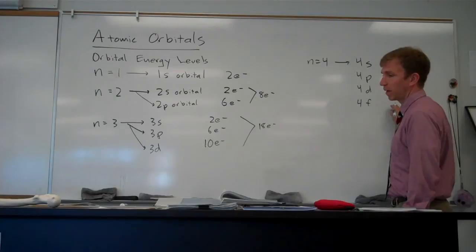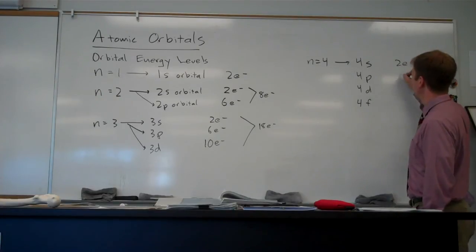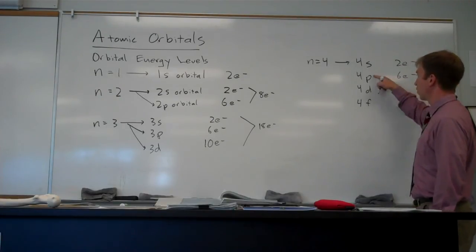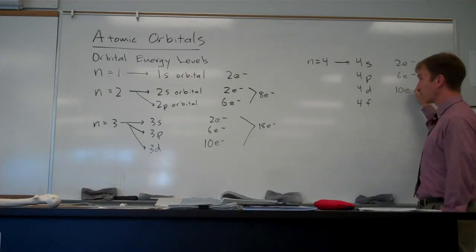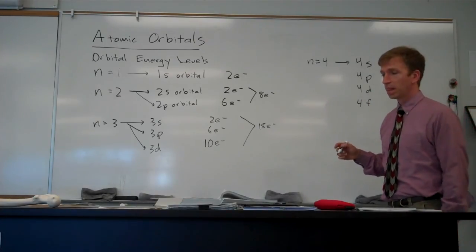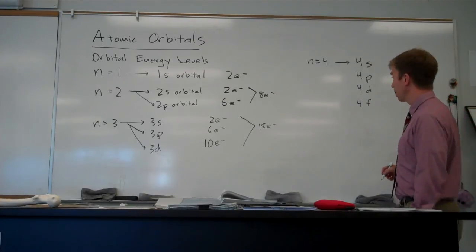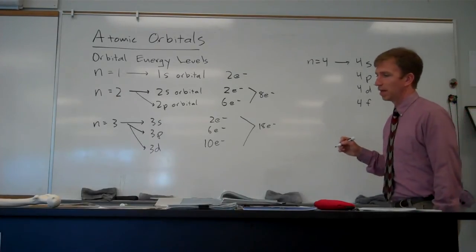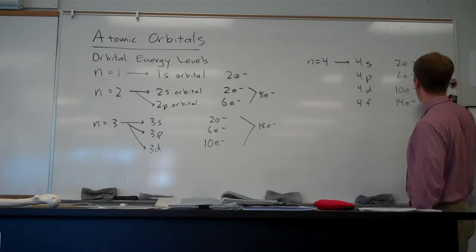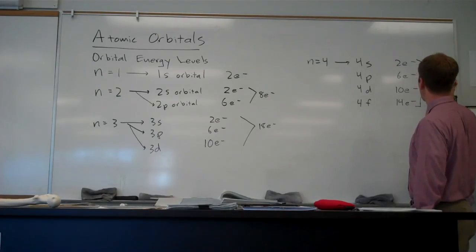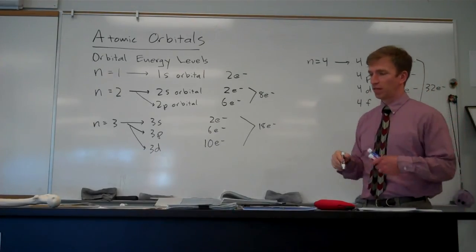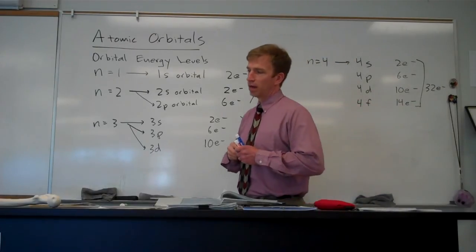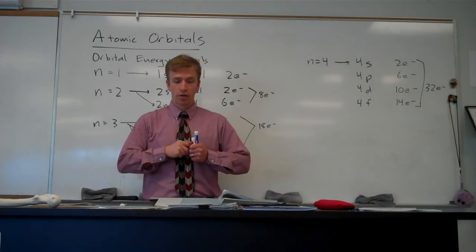And these have corresponding numbers of electrons. 2 electrons in the s orbital, 6 electrons in the 4p orbitals, 10 electrons in the 5 d orbitals, and then in the f orbitals we actually have 14 electrons, which results in a total of 32 electrons in the fourth energy level. And we could continue on for another energy level or two.